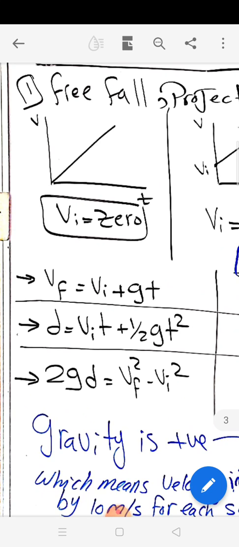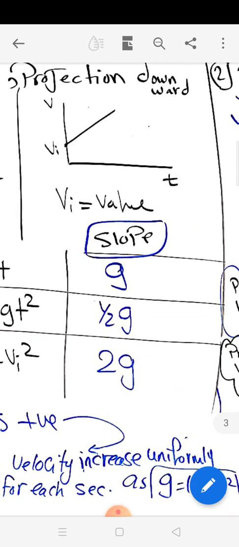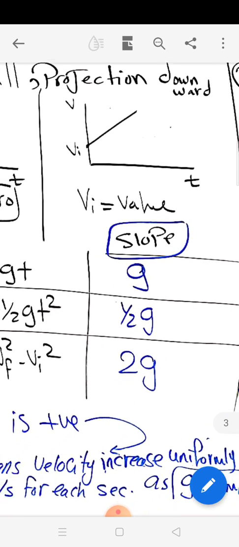In free fall, the object falls freely without any projection. While in the projection downward, it will always start with a value. V initial will always be a value, and gravity is also positive.